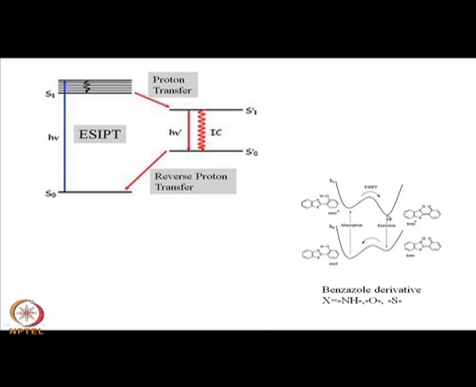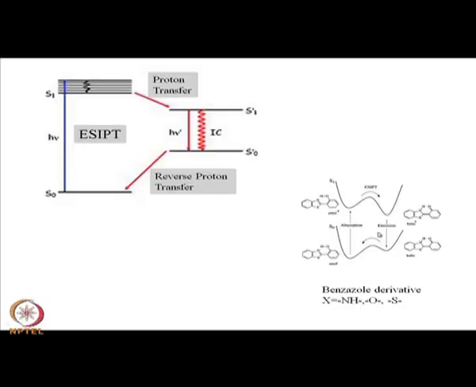But whenever you monitor this emission as a function of time, that is, when you monitor the time resolved profile of this particular system, in this region you will find that there is a rise, which substantiates that this excited state proton transferred species is forming.